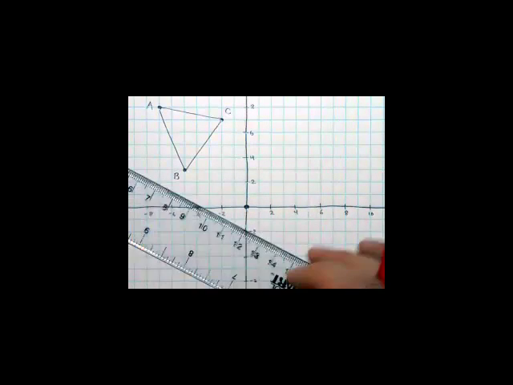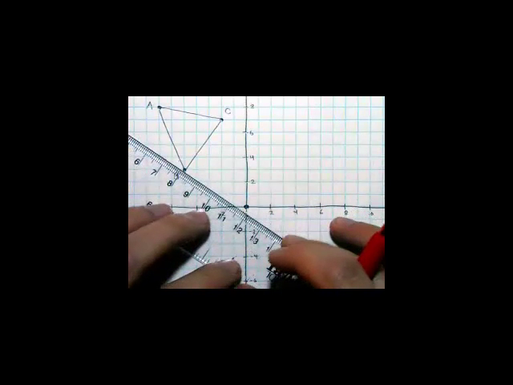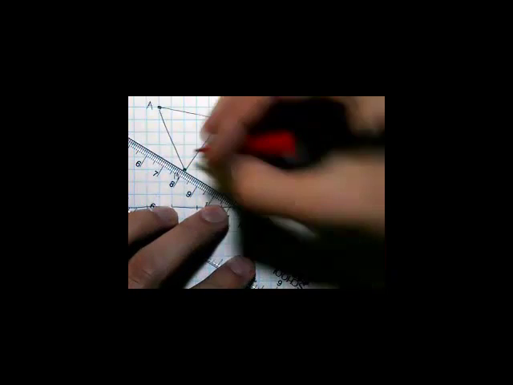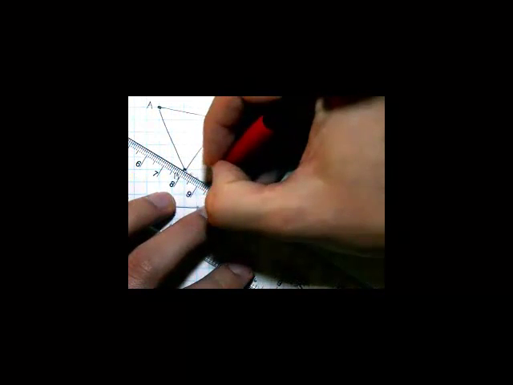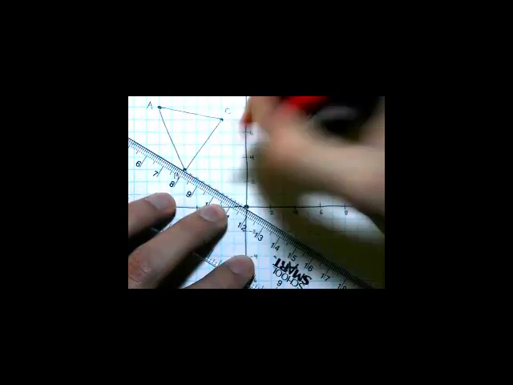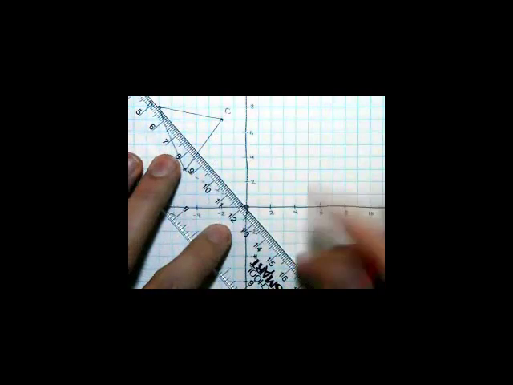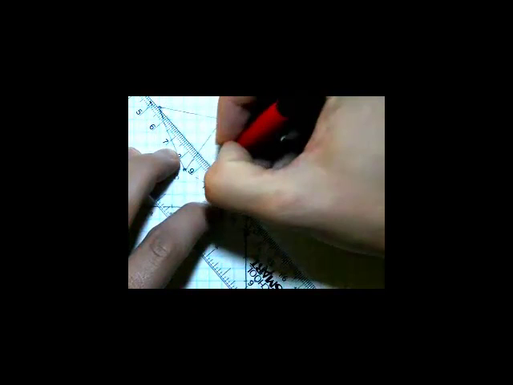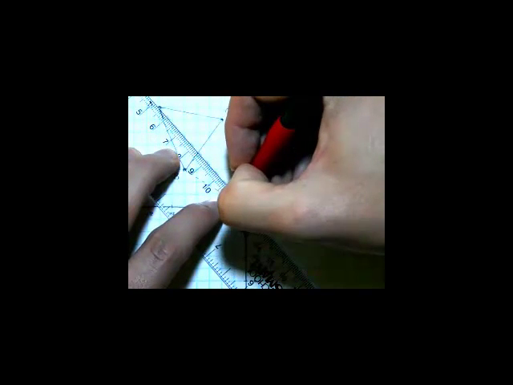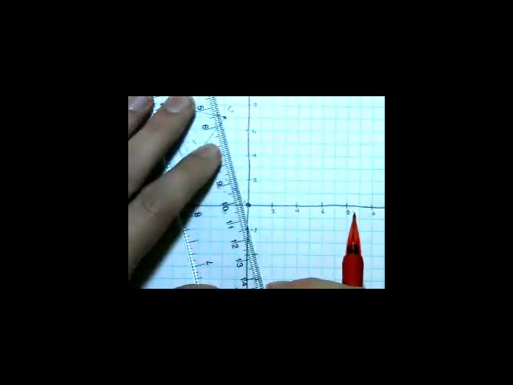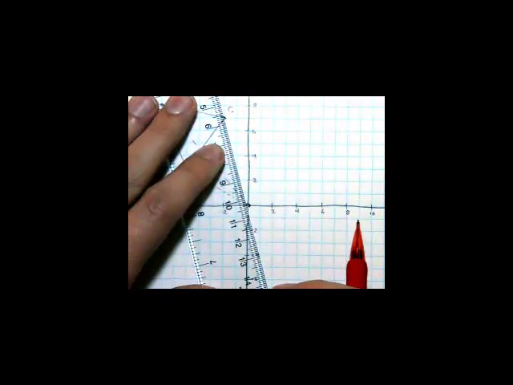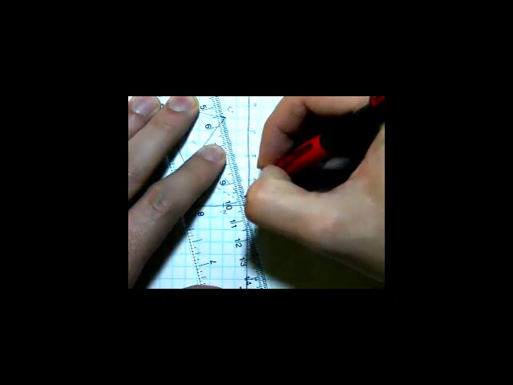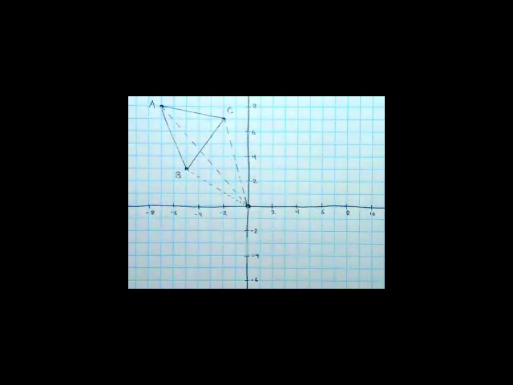So let's do dotted lines: each one of those points, a dotted line to the origin. You can use the straight edge of your protractor, because the nicer and straighter we can make these, the better it's going to be when we're done. So it looks something like that.